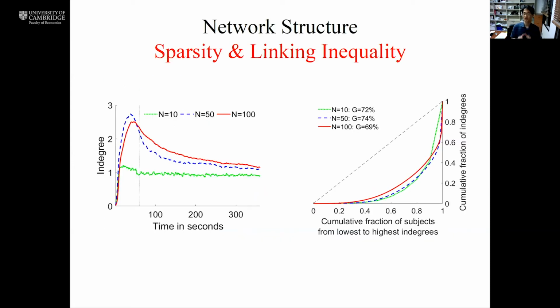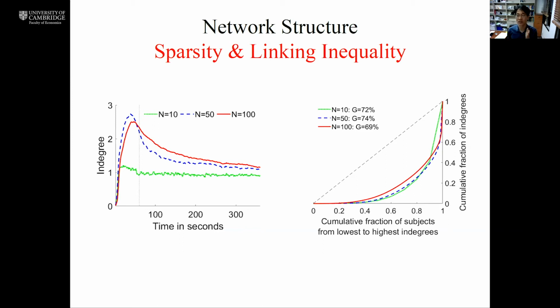So in the first experiment, let me start with the network structure. Let me first start with the sparseness of the network structure, as you can see on the left-hand side of the screen. This is the time series of the indegree, which is the number of links you receive during the games.